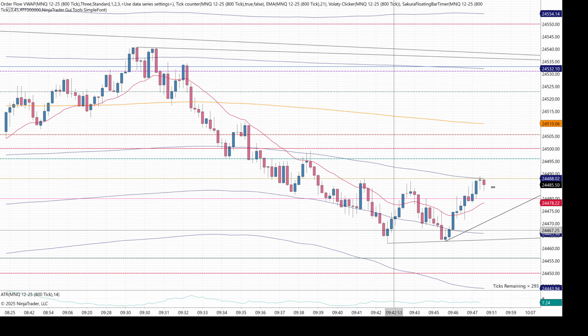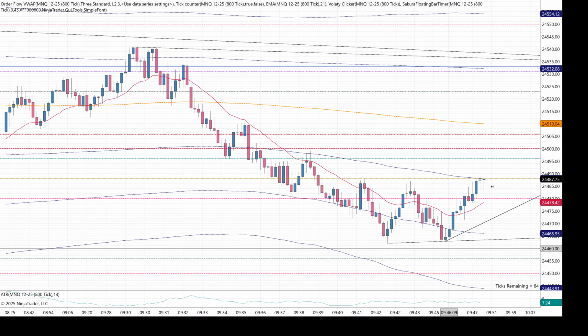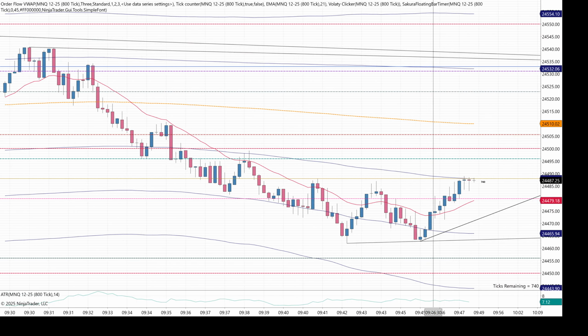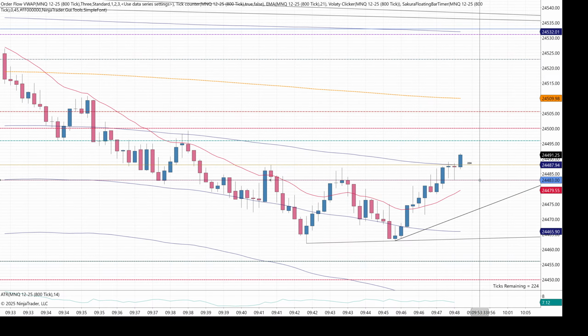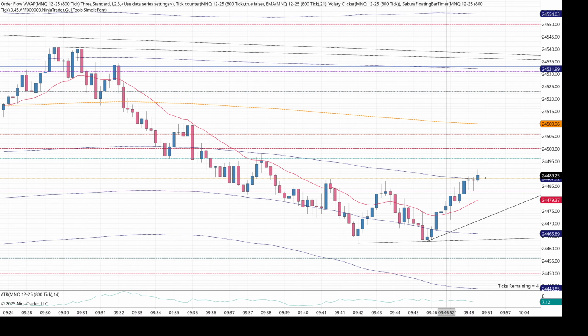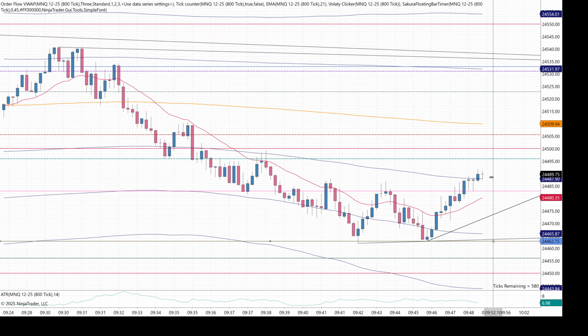Testing golden ruler. Okay, runner moves up. Golden ruler moves down to this swing low.